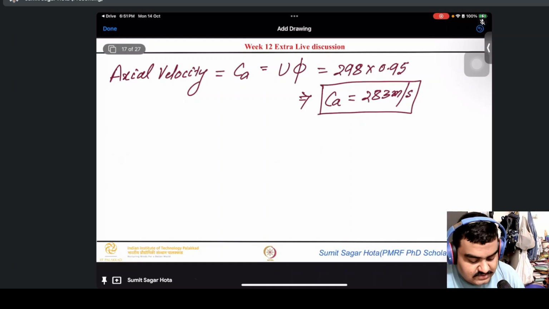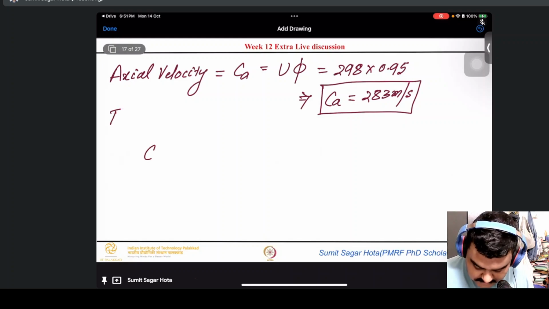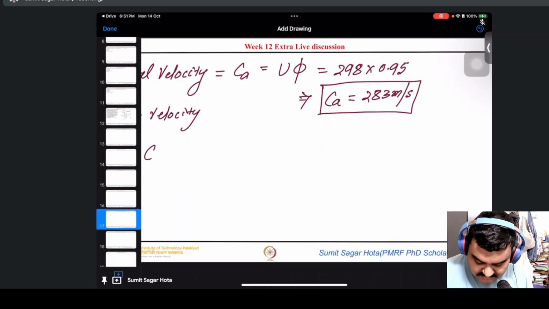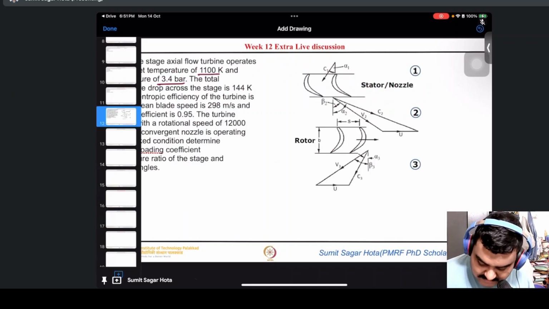Now we have to take the velocity triangle. I have already done that many times in the previous sections, and you can see the velocity triangles given here, at stations 3 and 2, and they are clear.